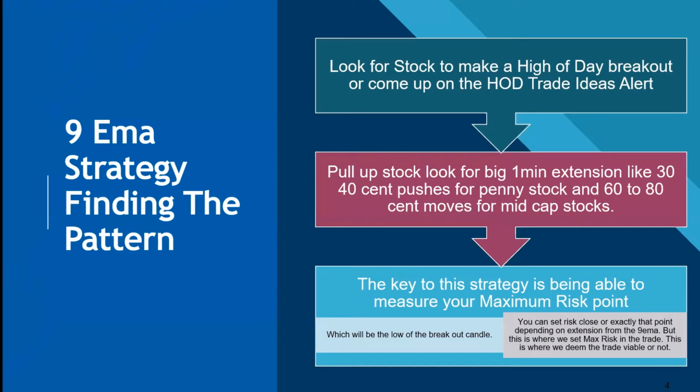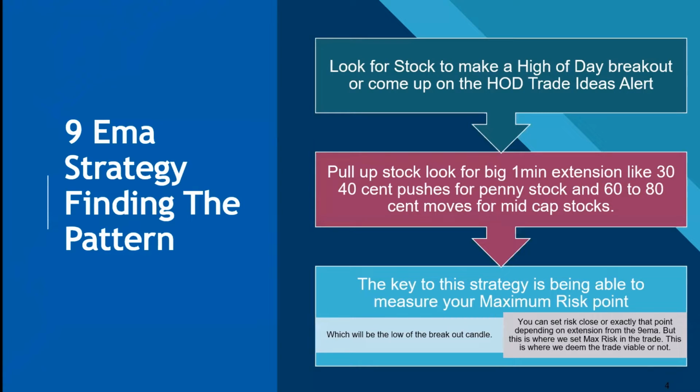The key measure to this strategy is being able to measure what I call your maximum risk point. If you can't measure the maximum risk point, you can't take this trade. Let me repeat that because it's very important for this trade. If you can't measure your maximum risk point in the trade, then you cannot be taking these trades, because these have a tendency to, when it doesn't work, move against you very fast.